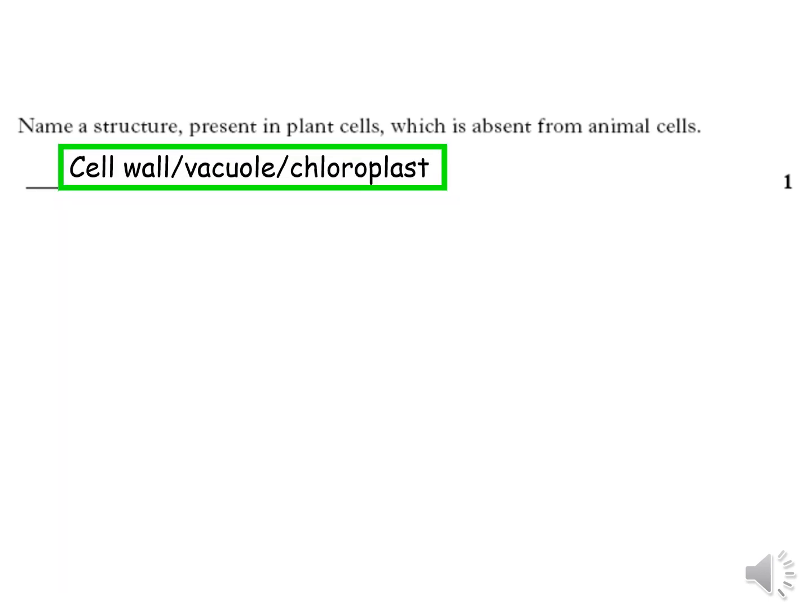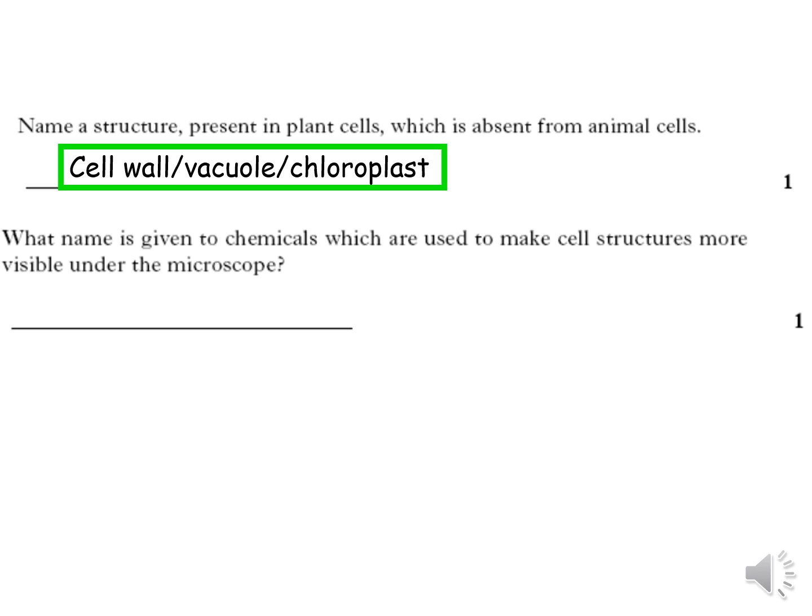Cell wall, vacuole and chloroplast. Because remember, animals are not producers. They don't produce their own food and you need chloroplast to do that. What name is given to chemicals which are used to make cell structures more visible under a microscope? Stains. An example of a stain would be iodine.